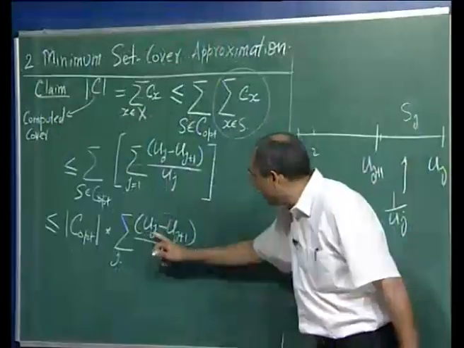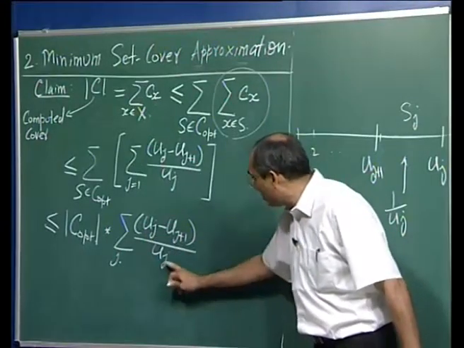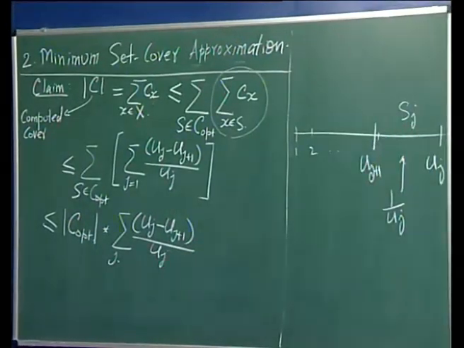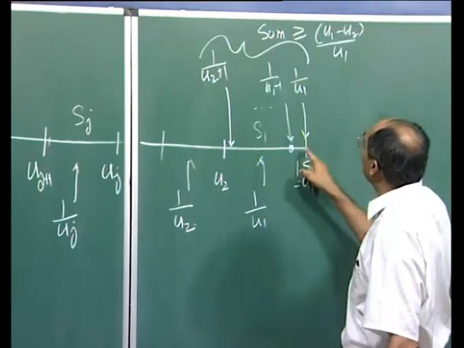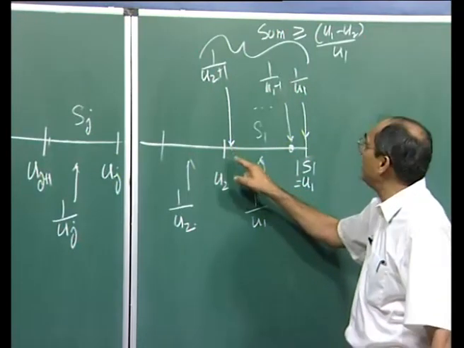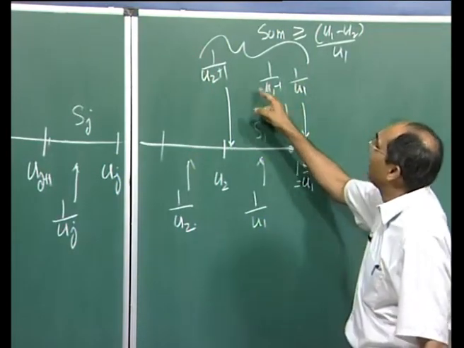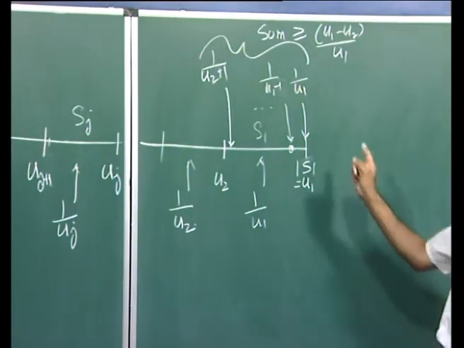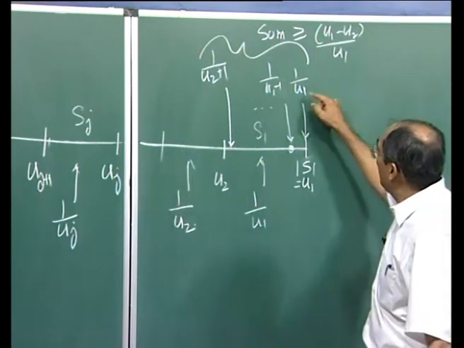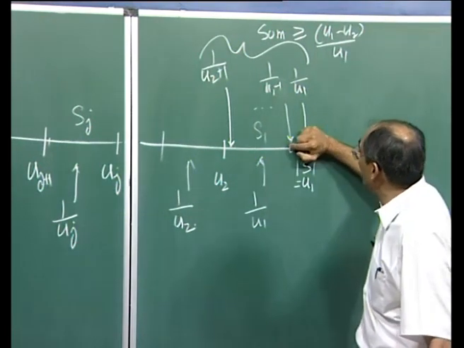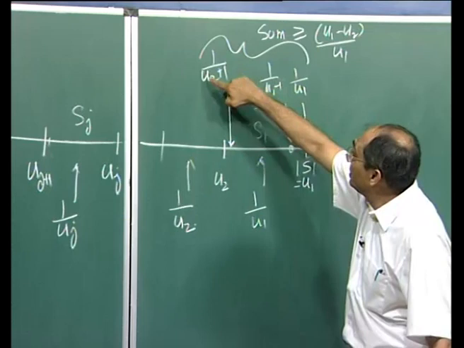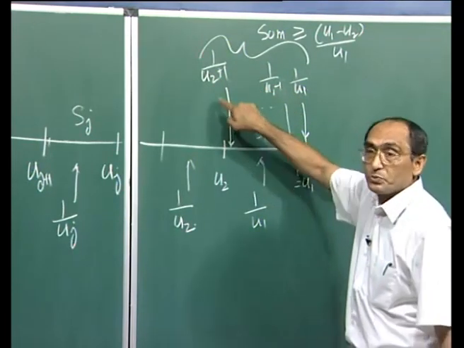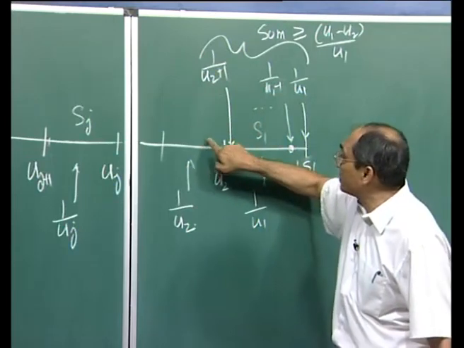The first term was (U1 minus U2) by U1. This sum was viewed as associating 1 over U1 to each of these elements. Instead, I am associating slightly larger values, but that helps. Now, this is 1 over U1, this is 1 over U1 minus 1 and so on, 1 over U2 plus 1 for this, then over here it will be 1 over U2, 1 over U2 minus 1 and so on.